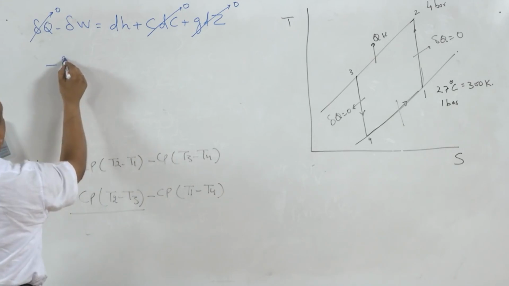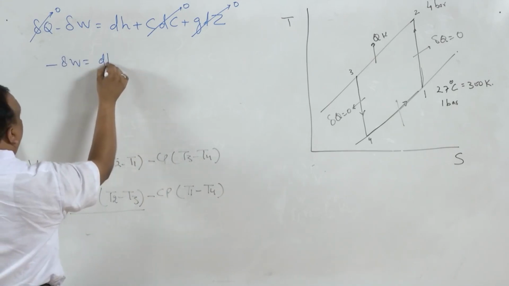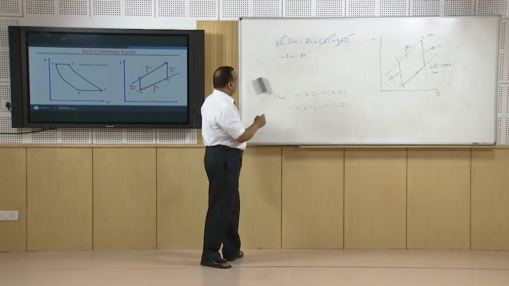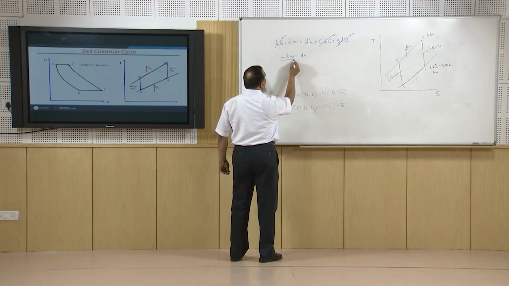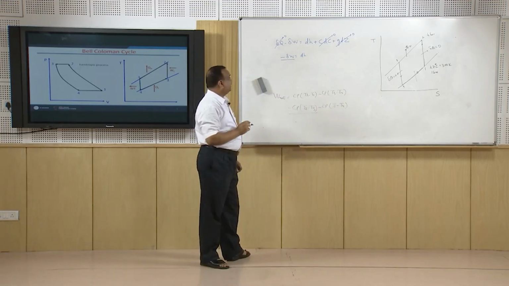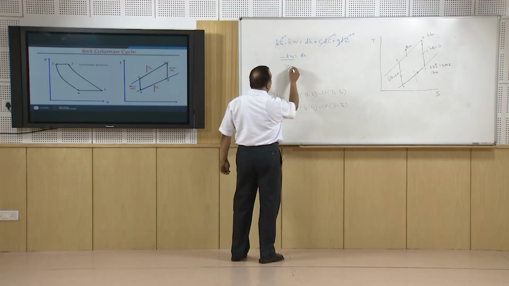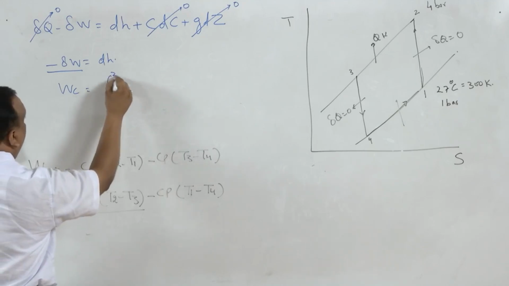So, minus delta W is dH. This minus delta W means work is consumed by the compressor. So, the work of the compressor is the integral of dH from 1 to 2.